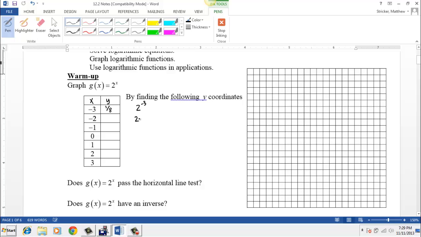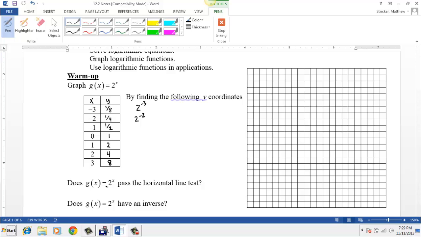We have 2 to the -2 power. 2 squared is 4. So 2 to the -2 is 1 over 4. And we could continue in this fashion. Next one would be 1/2. 2 to the 0 power is 1. 2 to the first power is 2. 2 squared is 4. And 2 cubed is 8. And like I said, we did this last class.